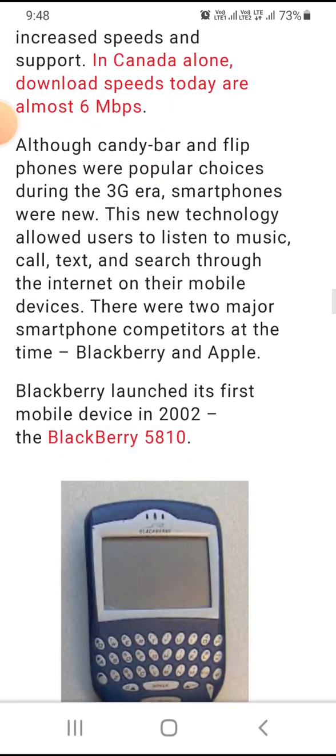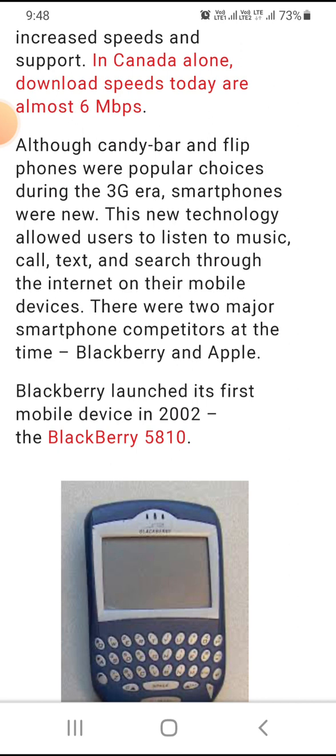Although candy bar and flip phones were popular choices during the 3G era, smartphones were new. This new technology allowed users to listen to music, call, text, and search through the internet on mobile devices. There were two major smartphone competitors at the time, BlackBerry and Apple.